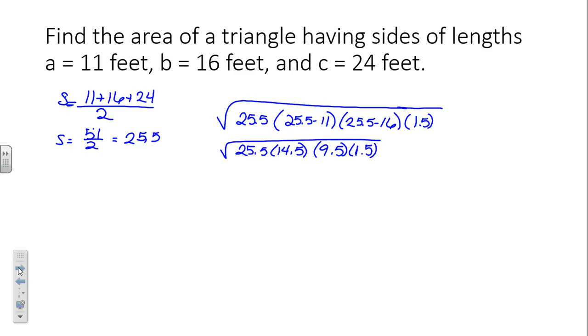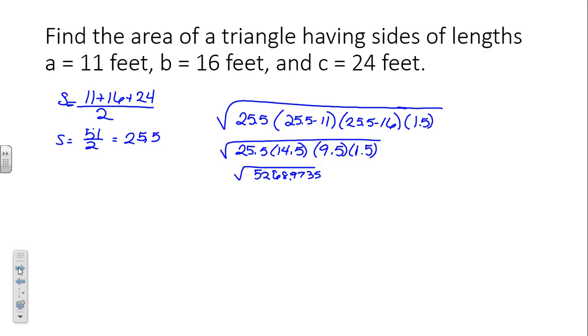Multiply them all together, take the square root, you've got the area. So we get the square root of 55,268.9735.